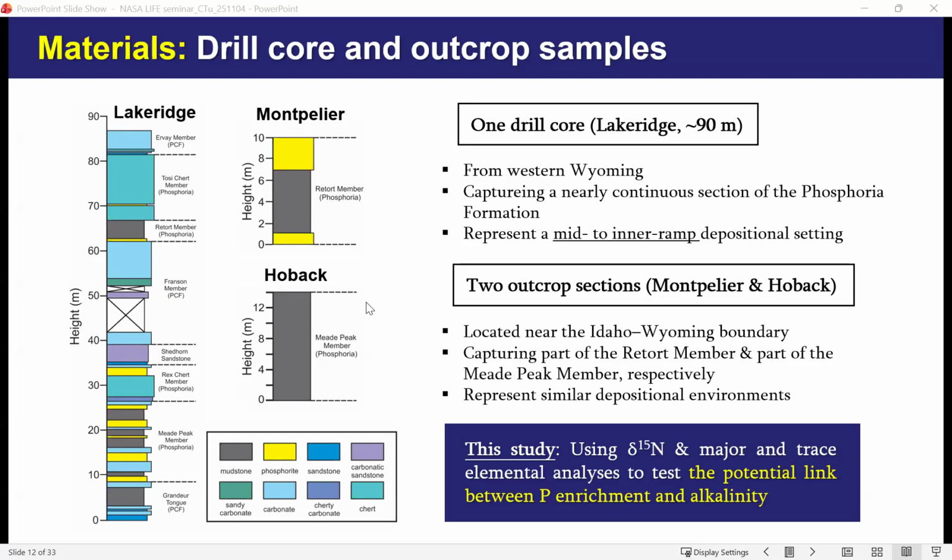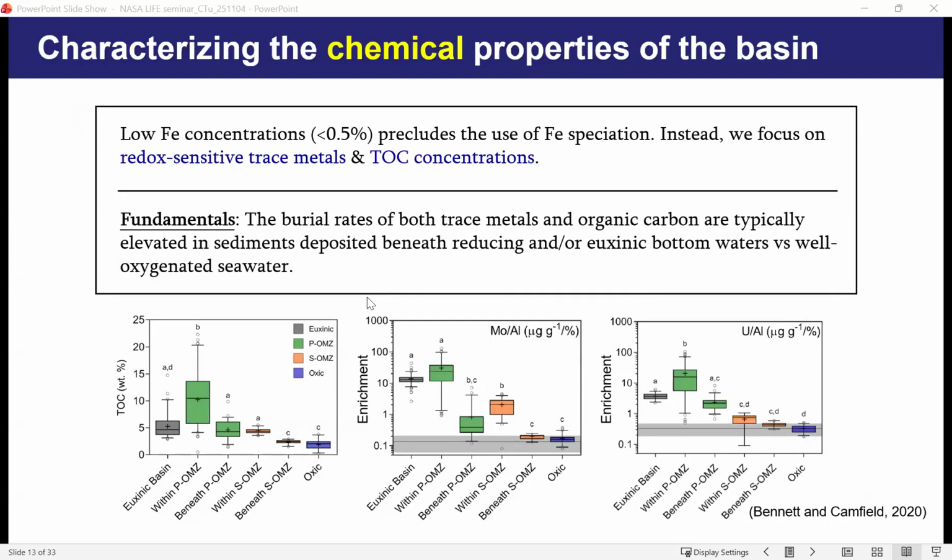In this study, we use delta 15N and major and trace elemental analysis to test the potential link between phosphorus enrichment and alkalinity. So we first characterize the chemical properties of the phosphorite basin. Unfortunately, most samples contain relatively low iron concentrations, less than 0.5%, precluding the use of iron speciation.